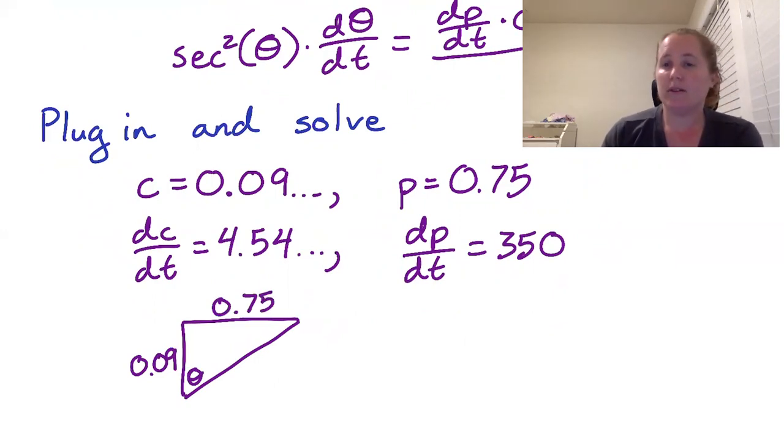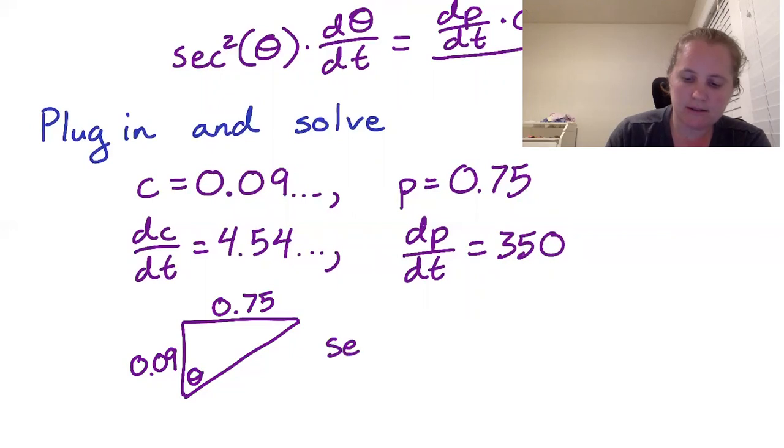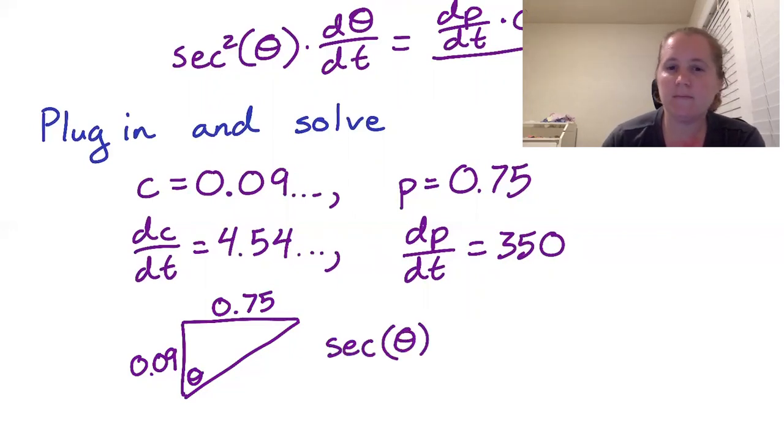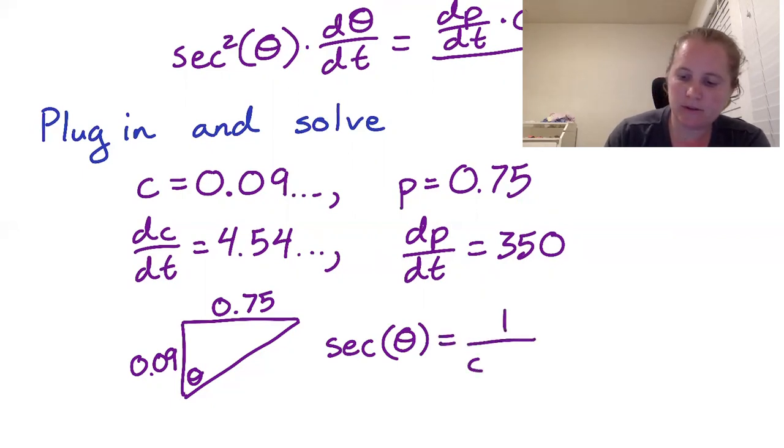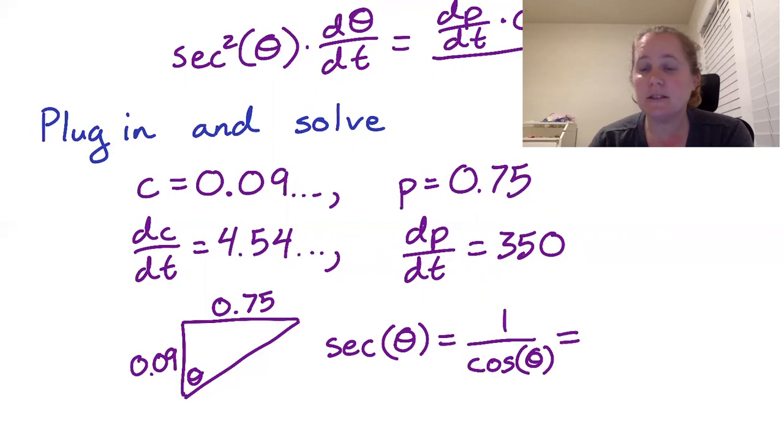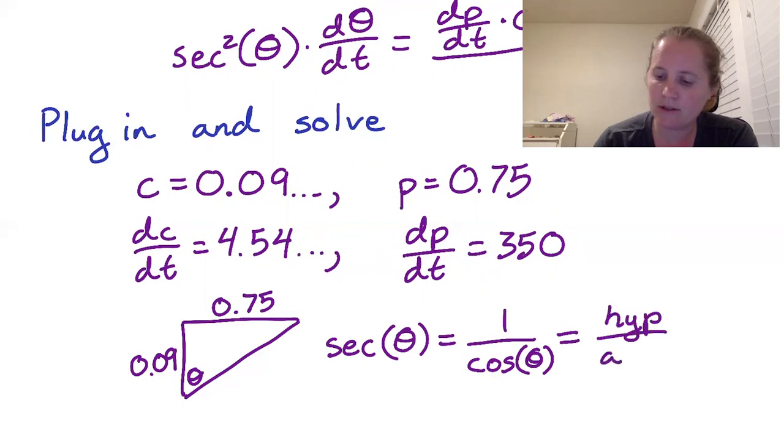And then if I want secant of theta, right? Secant of theta is 1 over cosine theta. And cosine is adjacent over hypotenuse. So secant should be hypotenuse over adjacent.